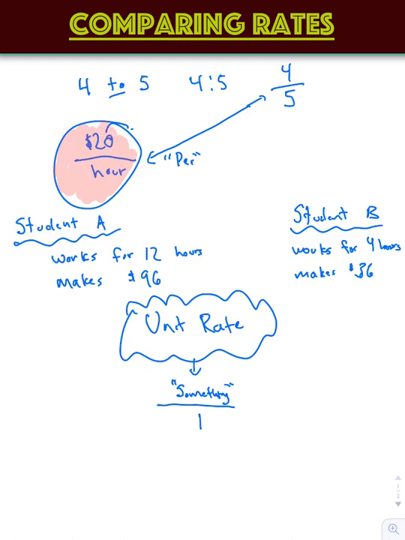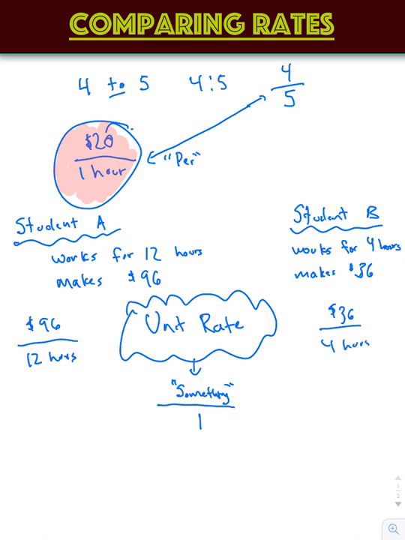The reason this is a unit rate is because it's $20 per 1 hour. You'll see as we set up our initial rates for student A and student B that they're not unit rates, because student A, for example, is $96 per 12 hours, and student B is $36 per 4 hours.